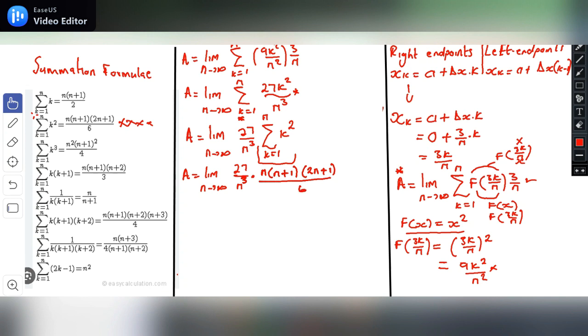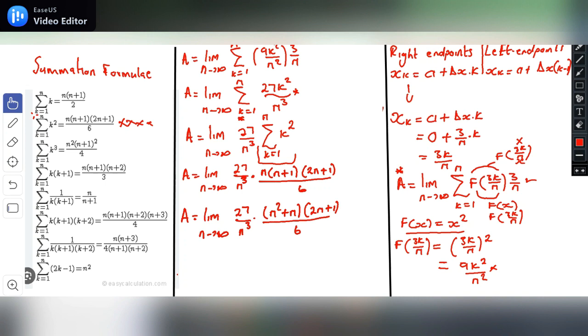Can you guys see it? So now we have A equals the limit where n approaches infinity, 27 all over n cubed multiplied by, then we can multiply this, we are going to have n squared plus n, 2n plus 1 all over 6. Can you guys see it?